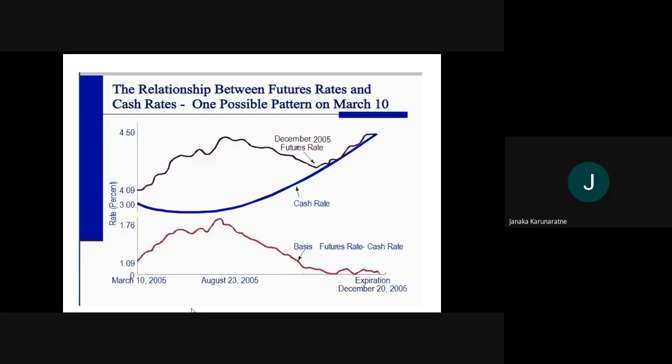When you look at March 10, the cash rate is 3% and the futures rate is 4.09. Then the futures rate fluctuates widely above the cash rate until closer to the expiration date. You see the futures rates go up significantly and then come down close to the cash rate towards expiration.